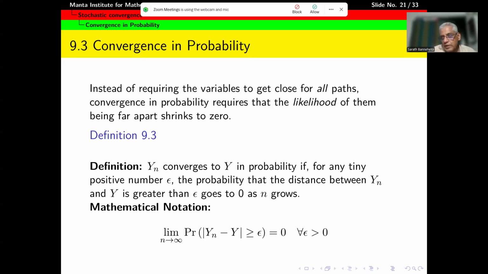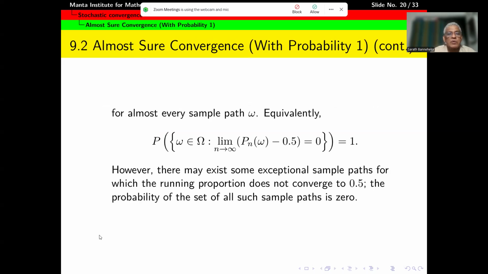So here we are looking at the limit of a probability. In the previous one, we were looking at the probability of a limit. If we go back and look at the definition, you can see that we are looking at the probability of a set where a certain condition with a limit occurs.